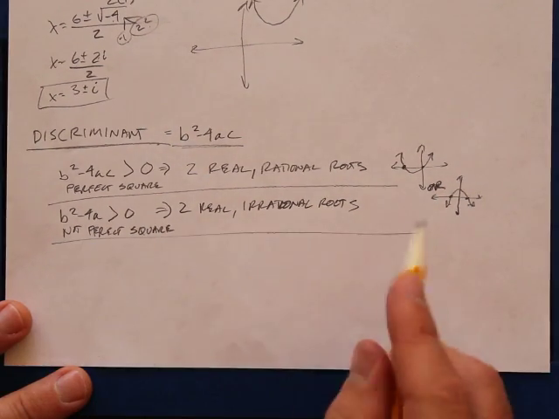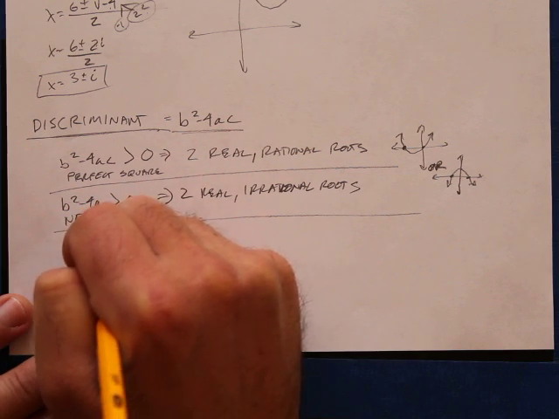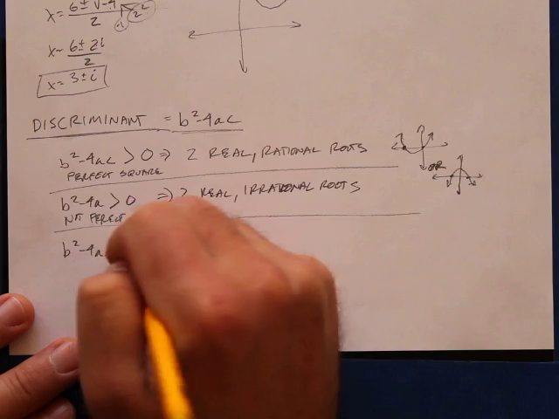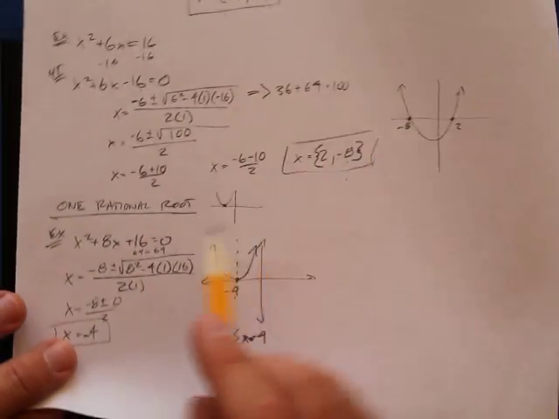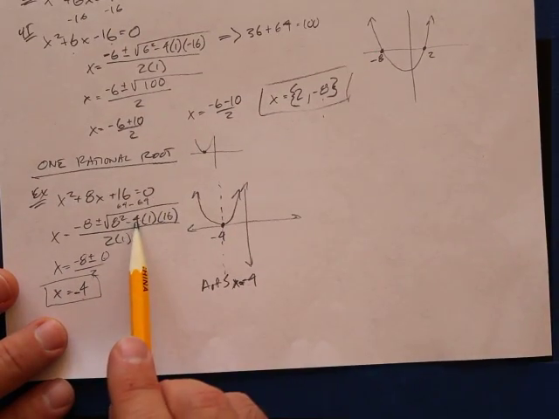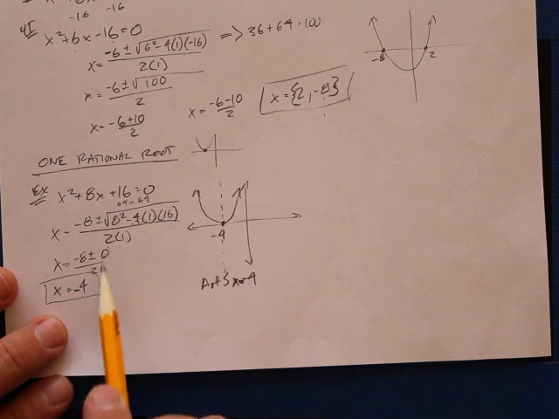Now, what if our discriminant resulted equal to 0? We did have one that did that, right? Back here, when the discriminant was 0, then we ended up with one root.